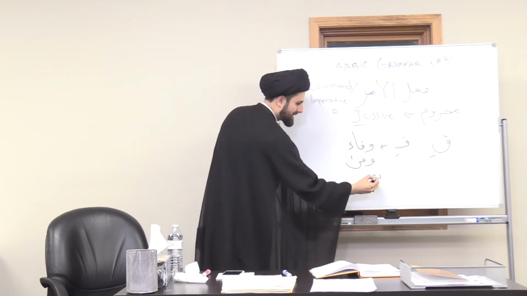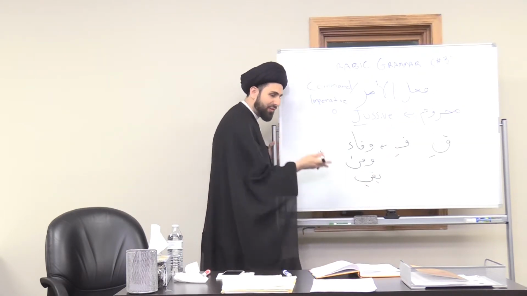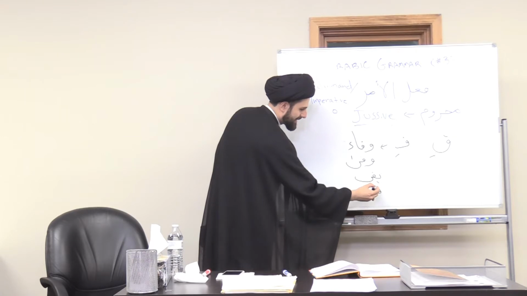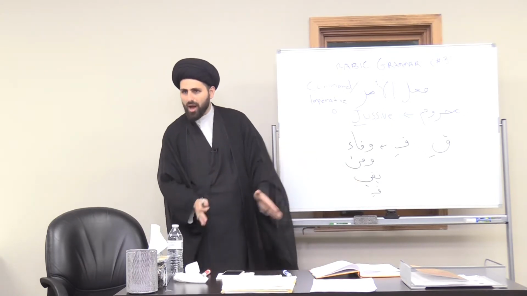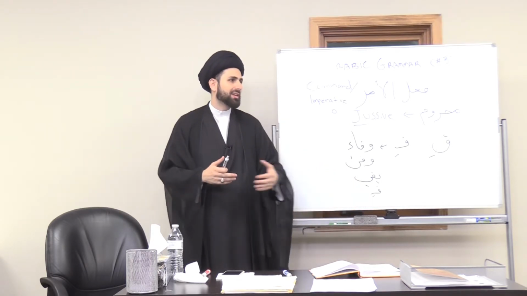The present tense is yafi. The fi'l al-amr is fi. Why did that become fi? I don't want to confuse you at this point. There are a lot of rules involved as to why the ya will drop, the ya will fall, and you just end up with fi.